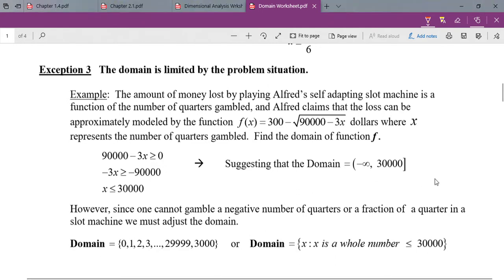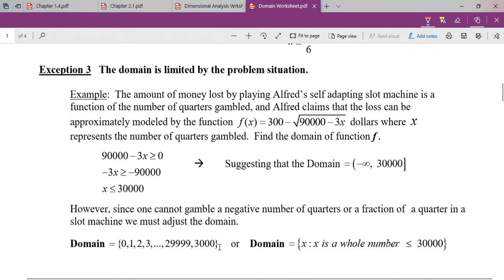All it can really be is whole numbers starting from 0 and going up to 3,000. So instead of saying your domain is negative infinity to 30,000, the correct way to say it would be that your domain is x, such that x is a whole number that is less than or equal to 30,000.